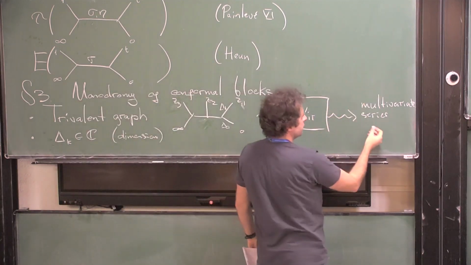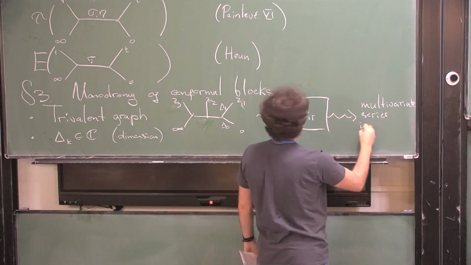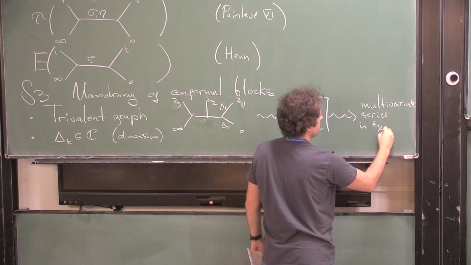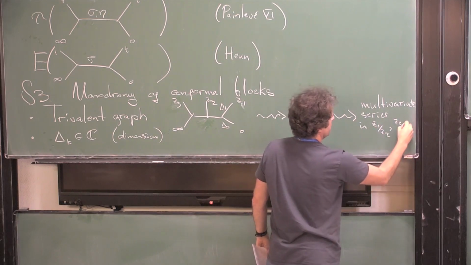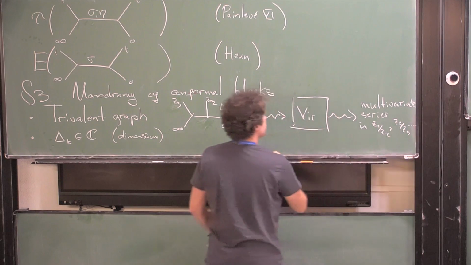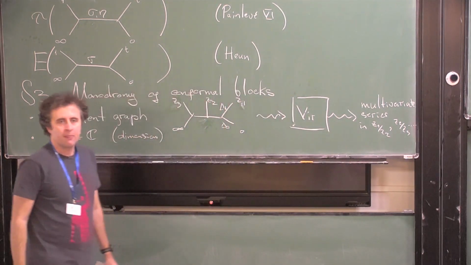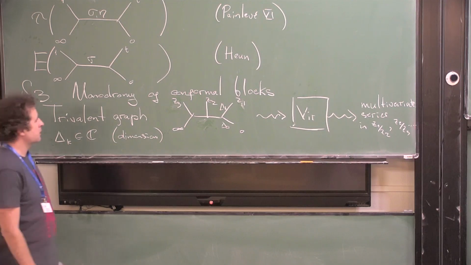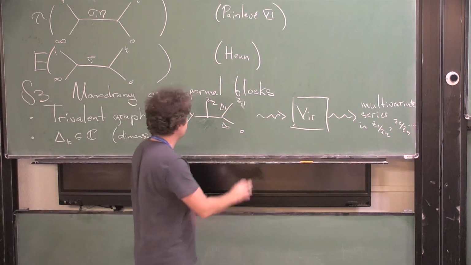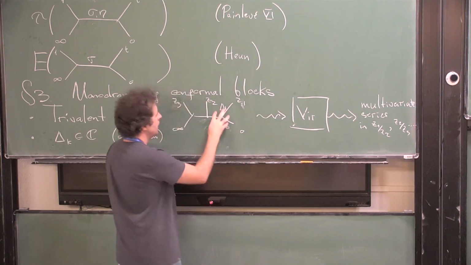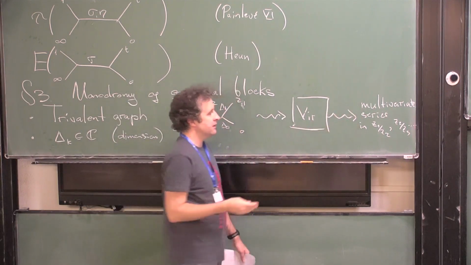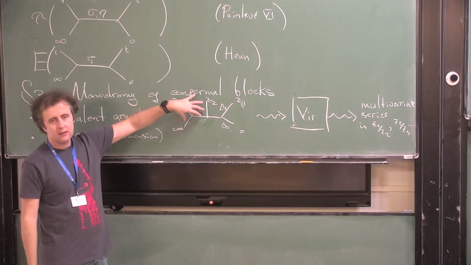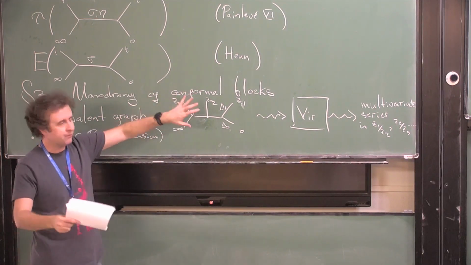So it will produce you a multivariate series in ratios like Z1 over Z2, Z2 over Z3, and so on. So the deltas are weights on each edge of the graph? Yes, deltas are weights on all edges of the graph, and the coefficients of this multivariate series will depend on all these deltas and on the central charge of the Virasoro algebra.